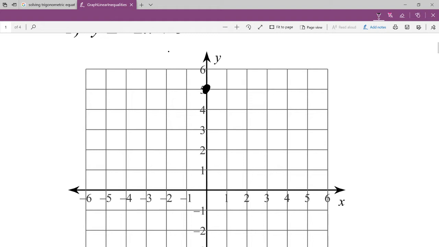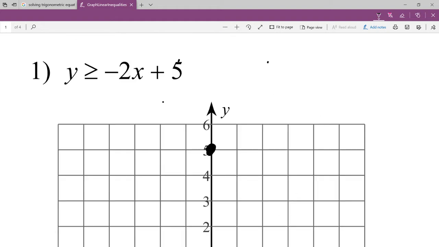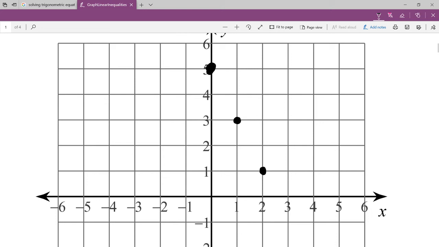So what you do again is rise over run. So you go down 1, right 1, and then down 1, right 1, and then again down 1, right 1.